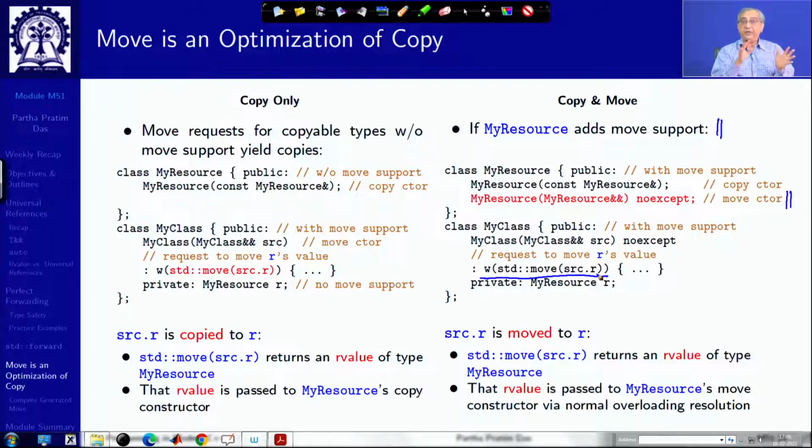Right? So, it is very flexible, it is not something different that you need to do. You are doing the same, your intention is to move in both cases, but depending on the support given by the target class, if it has move, it will move. If it does not have move, it will seamlessly, without bothering you, fall back to the copy version.